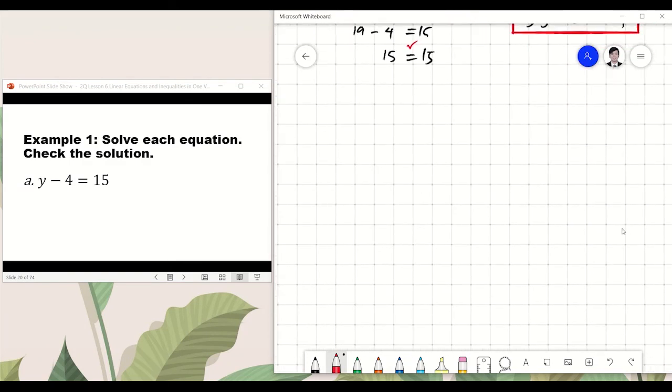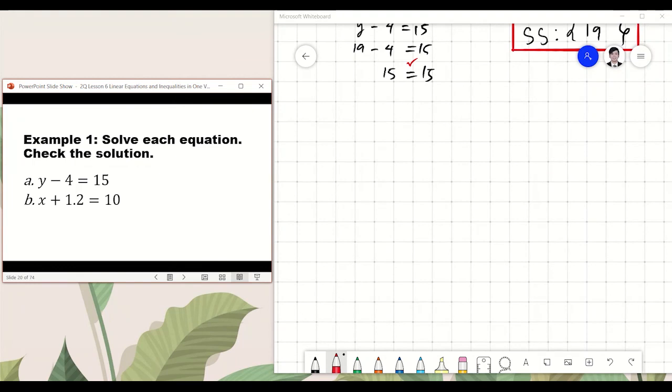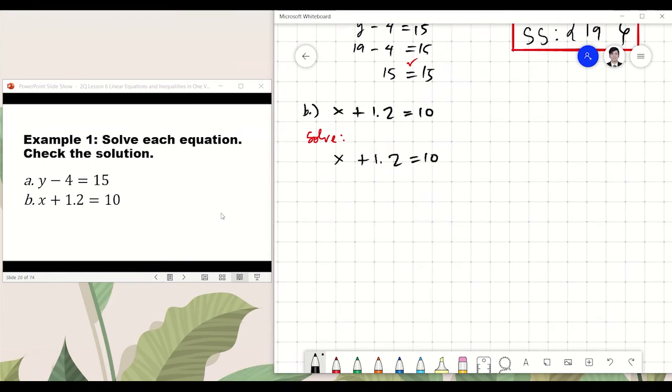Okay. Now, let's have another example. Let's have B. In B, the given is x plus 1.2 is equal to 10. And we're asked to solve. Again, yung goal natin is to isolate the x. Dapat hindi siya negative.